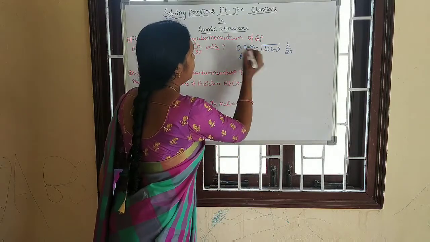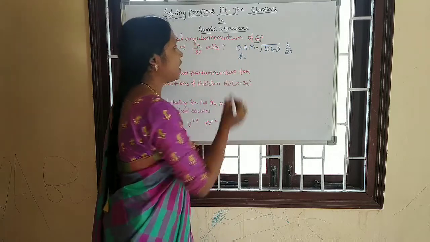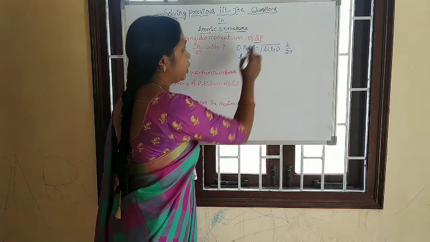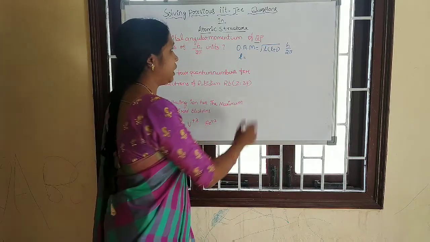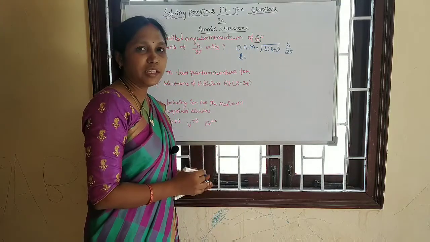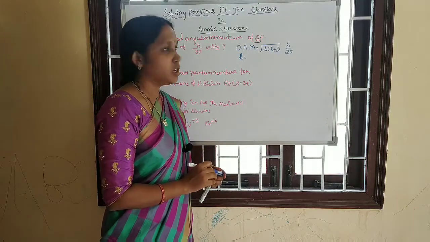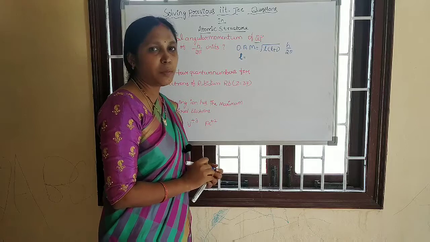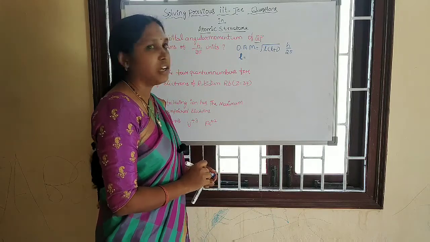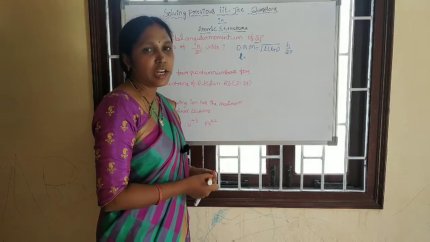Here, for which orbital is the angular momentum asked? Calculate orbital angular momentum for the 2p orbital. See, the azimuthal quantum number explains the subenergy level. On the basis of the azimuthal quantum number, we say in which subenergy level the electron is present.